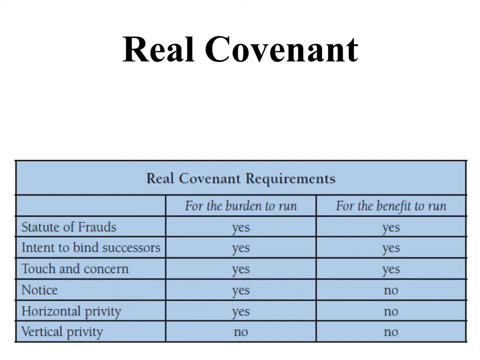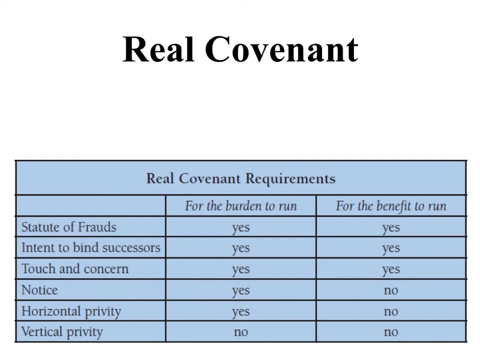The next element is notice. Now, it could be one of the 3 different types of notice. Remember, actual notice, record notice. And remember, record notice means that this covenant has been filed with the recorder's office, and so there's record notice.